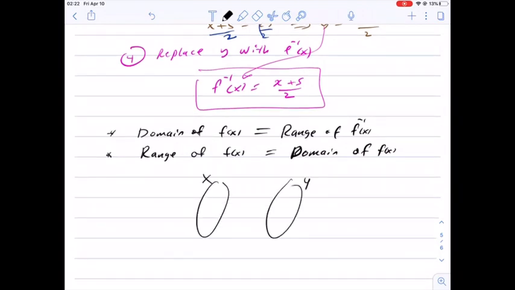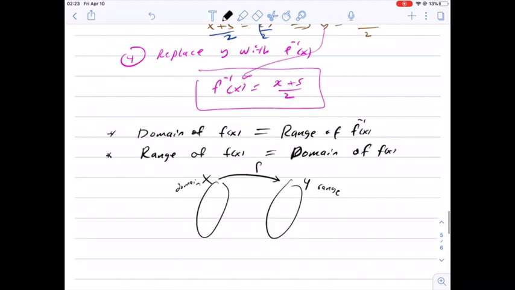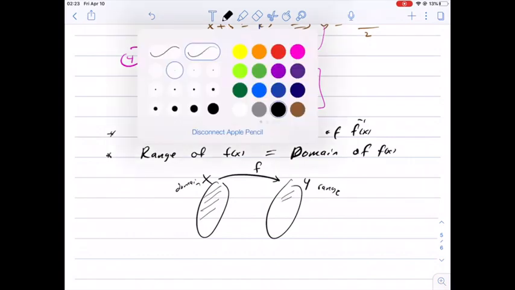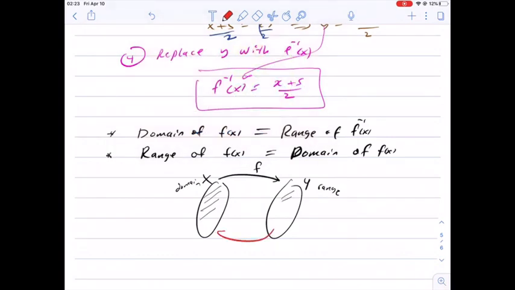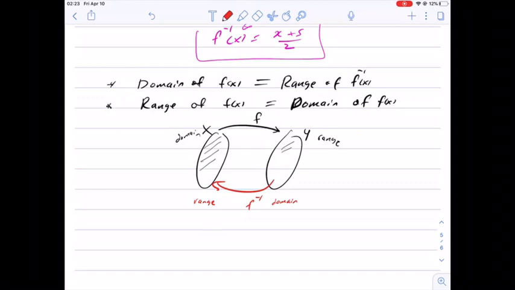Because as you can see, if this is x and this is y, this is the domain and this is the range of the function f. Now if you find the inverse, it starts at y and ends at x. So this is f inverse. The domain here is y and the range is x.